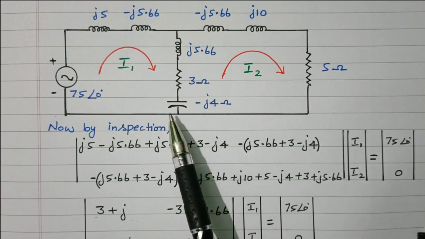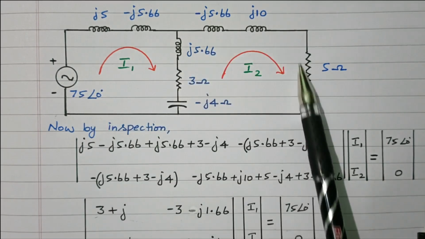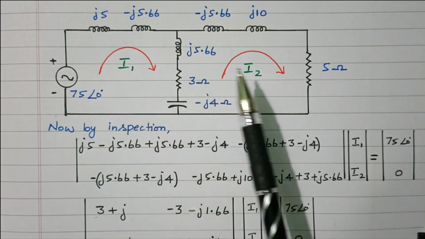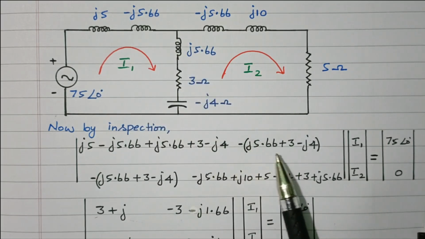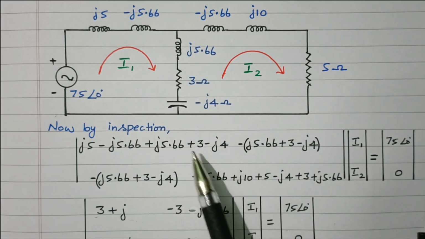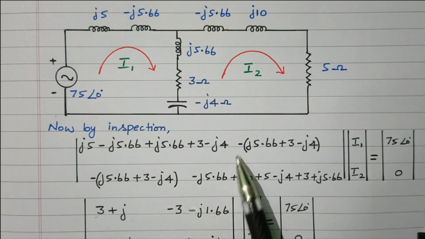Z12 and Z21 are commonly available. See, this is the first loop, this is the second loop. So these elements are available commonly between loop 1 and loop 2. So that is written as 5.66 plus 3 minus j4. It's negative. Other than the diagonal, other elements are negative. So you will put minus.